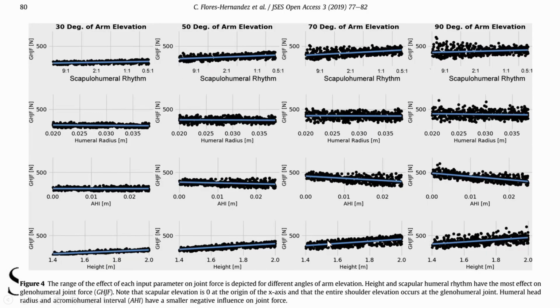But then you can perform the same analysis for different levels of arm elevation. And as you change the arm elevation, which was also an interesting finding, the correlation of the output to each of the inputs changes.